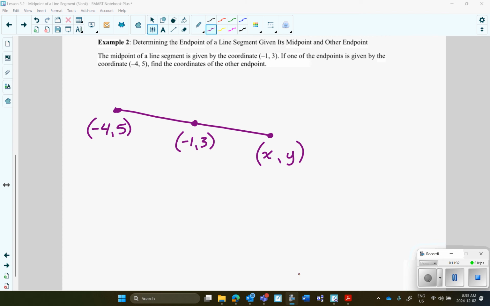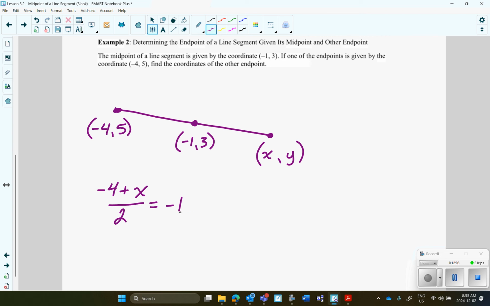Would you all agree that this plus this divided by 2 must equal the midpoint? Isn't that how we use the midpoint formula? We add these two, divide by 2, and we should get this. So -4 plus the other endpoint, which I don't know, so I'm going to call it x, divided by 2 must give me the midpoint x, -1.